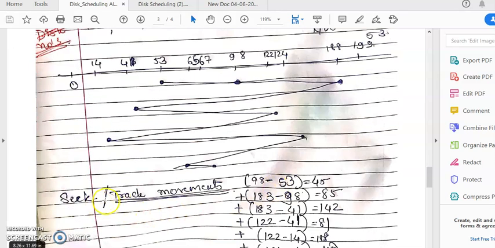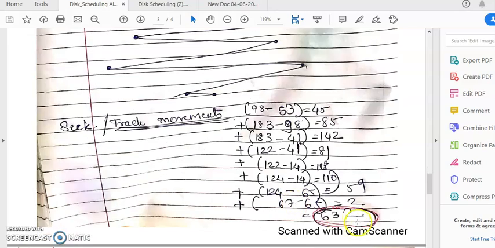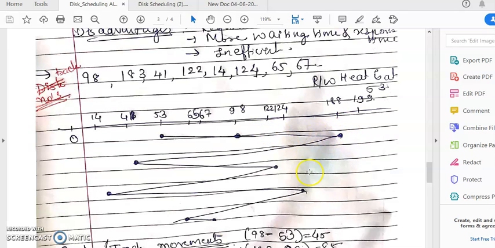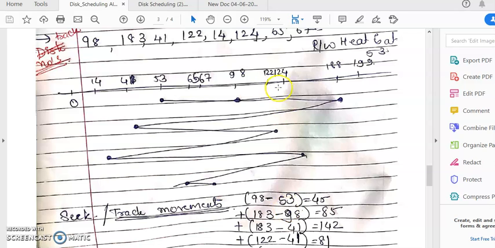Now the track movements, the seek movements over here, how are we going to calculate them? By default it is 98 first, so 98 minus 53, as 53 was our default starting point, which is 45. Plus 183 minus 98, since 183 was the request we attended next after 98, which is 85.